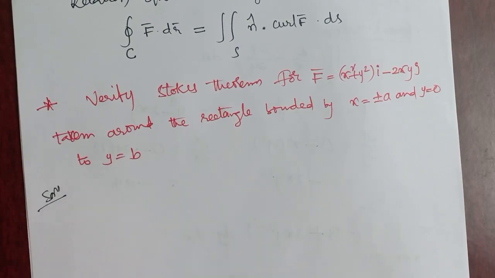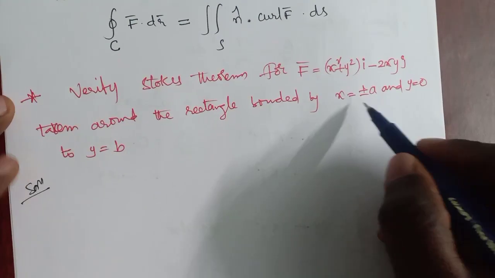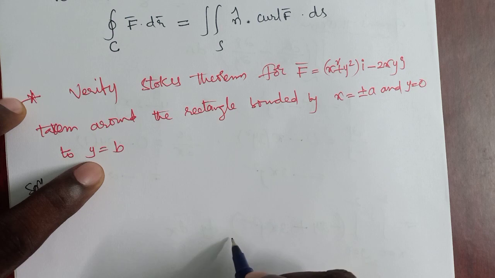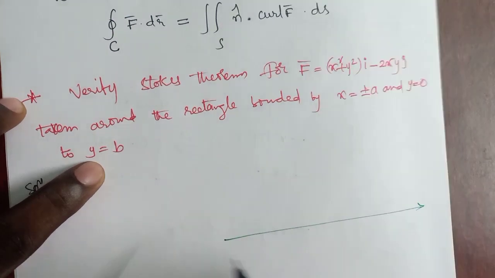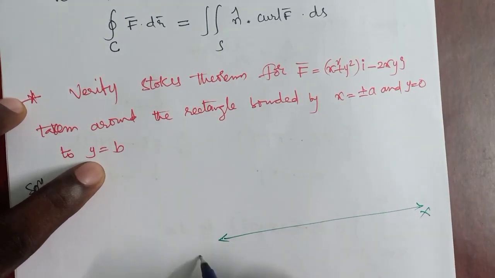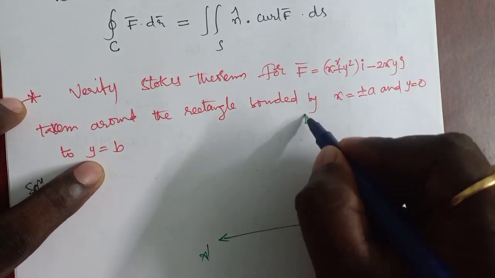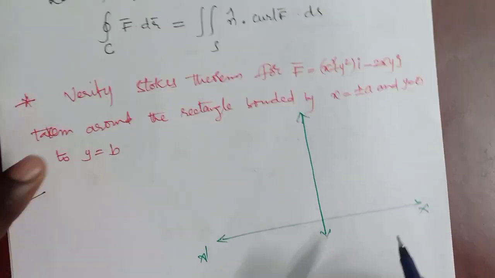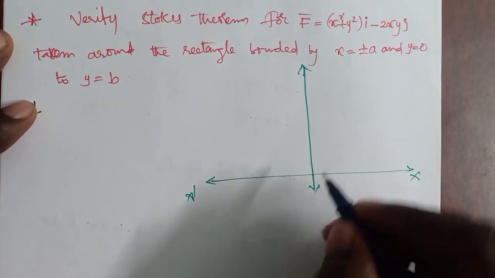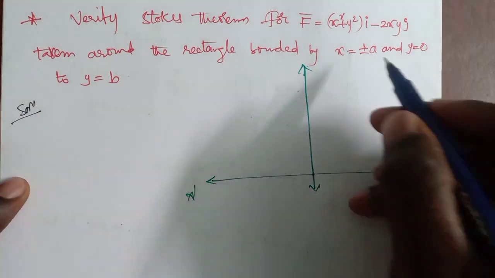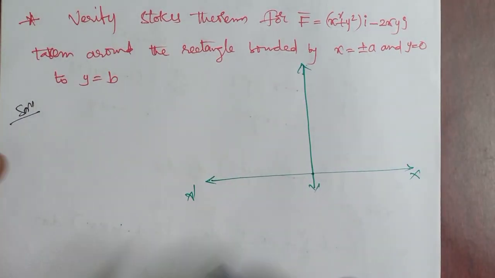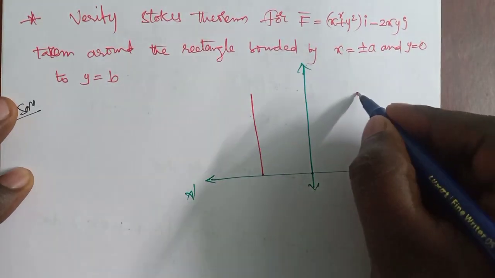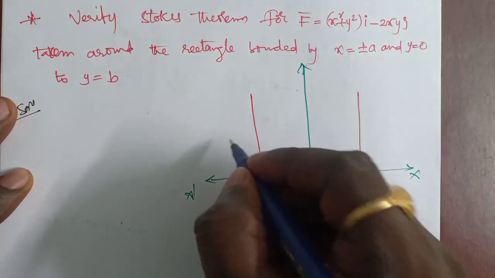Now coming to the graph, x is from minus a to a, y is from 0 to b, so we need both the positive x and the negative x quadrants. y is only positive, so clearly x is from minus a to plus a.